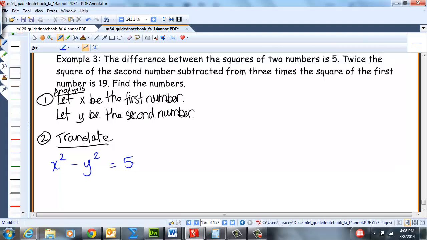Then twice the square of the second number subtracted from. Subtracted from tells me that guy is second. So twice the square of the second number is subtracted from 3 times the square of the first number, and the result to that is 19.